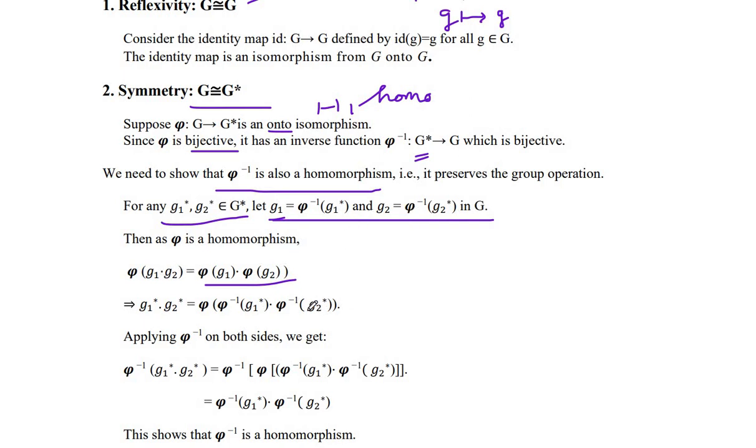From here we are rewriting this. Now if I apply phi inverse on both sides, then we have this. Phi being bijective, you have the inverse and the original, so that gives the identity mapping. So phi inverse of g1 star g2 star is phi inverse of g1 star into phi inverse of g2 star.